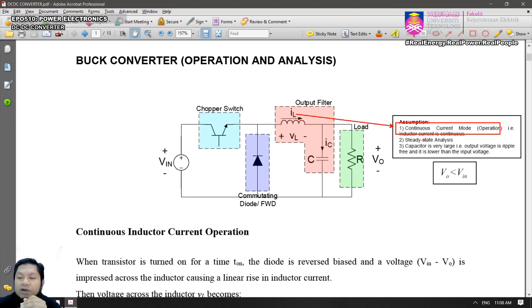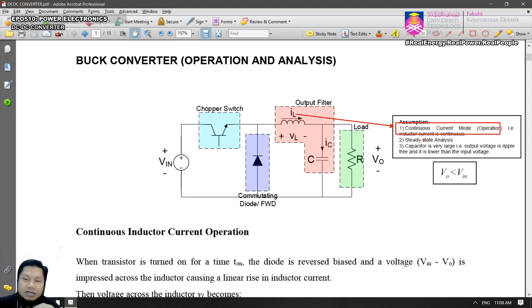Number 3, the assumption is that the capacitor is very, very large, because the capacitor will determine the ripple of the output voltage. Remember, the ideal DC voltage is a constant, ripple-free voltage. So we're going to have a very, very large capacitor C and a constant output voltage V out, as well as a constant current through the resistor.